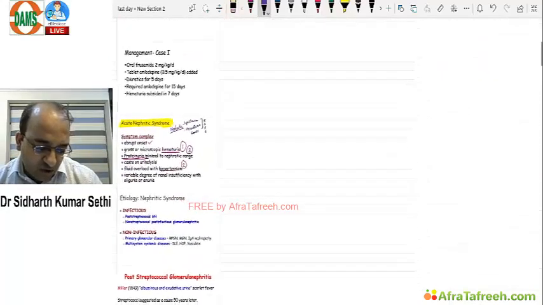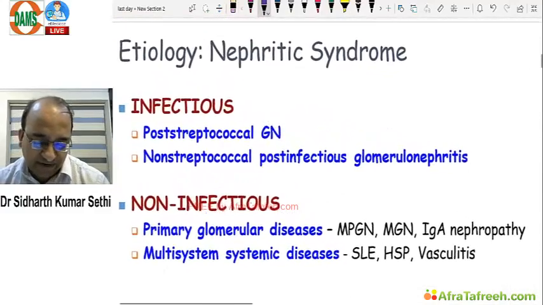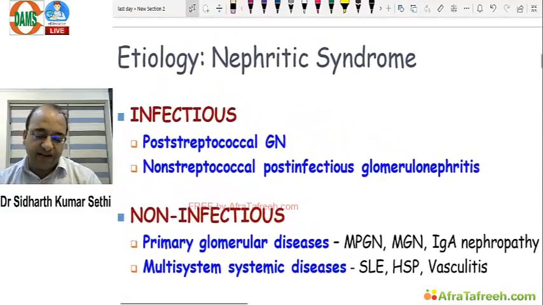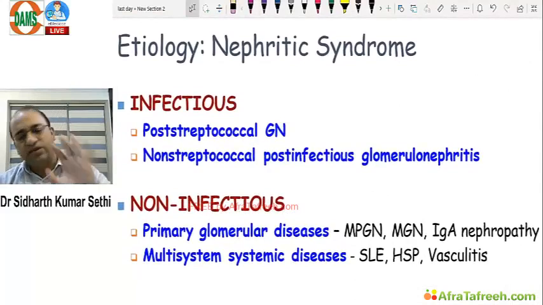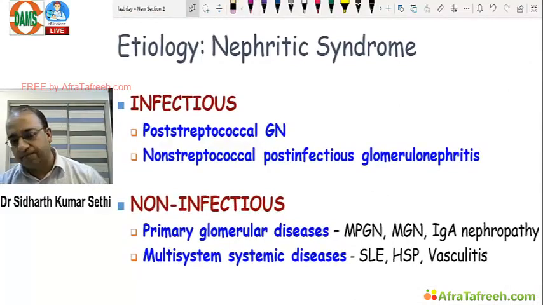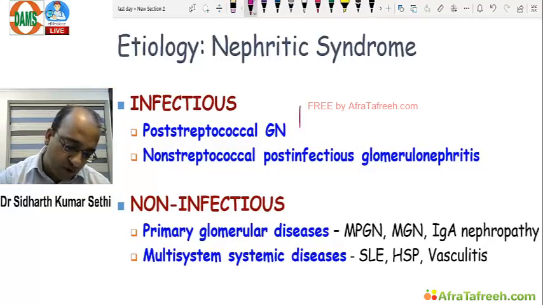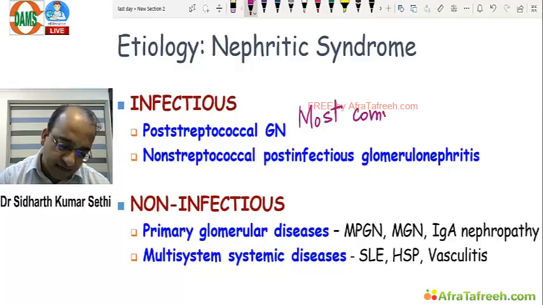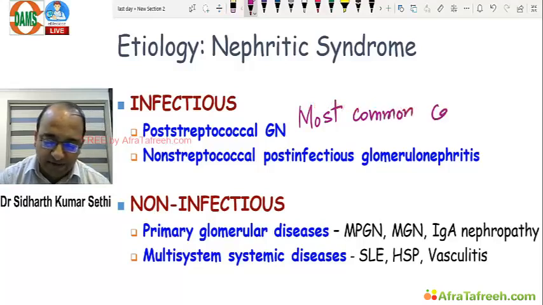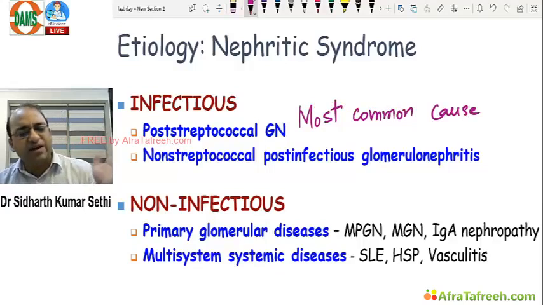So let's now look at the causes of nephritic syndrome. The child I showed you today was clearly post streptococcal. But remember, there are many other causes. When I joined private practice, I thought rheumatic fever and post streptococcal GN did not exist.